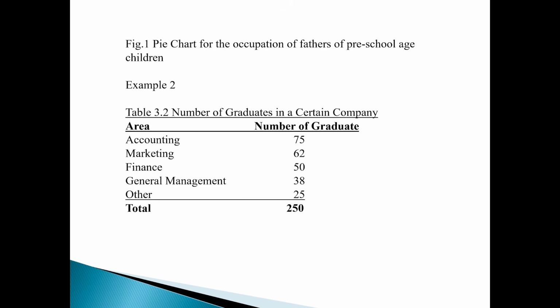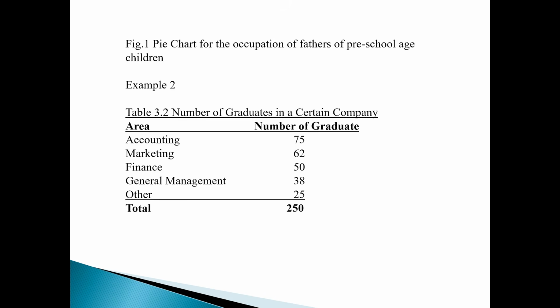You have your category, your area, and your frequency, your number of graduates. For accounting, there are 75 graduates. For marketing, there are 62. For finance, there are 50. General management, there are 38. And other areas have 25 graduates, for a total of 250 graduates in that company.